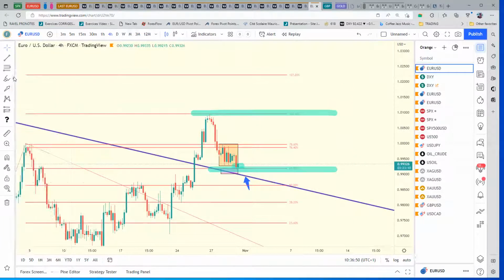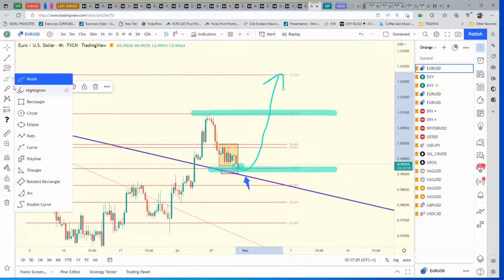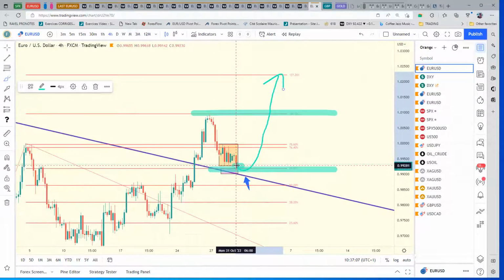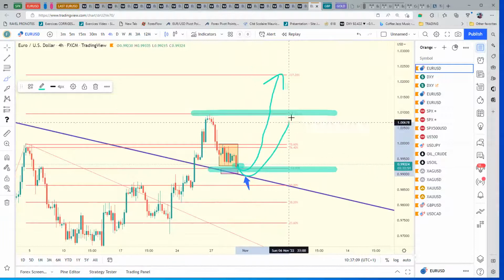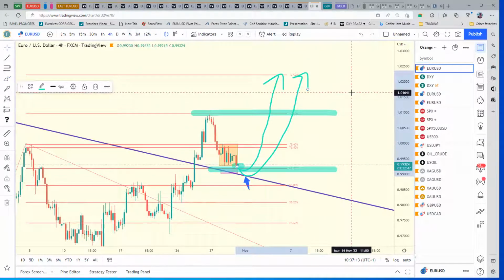If nothing special happens today, we could bounce from here and go break this one, and then we would target that one, or just post a double top here. That depends on what happens at that time, but that's potentially what we look for. Or we could come back a little bit lower, go there, and bounce to this area.